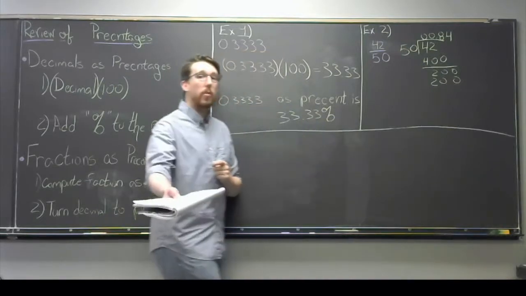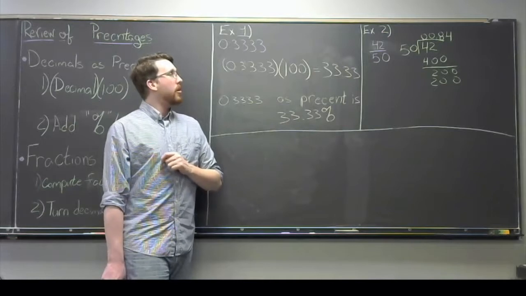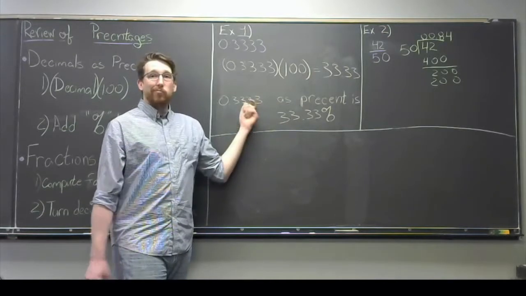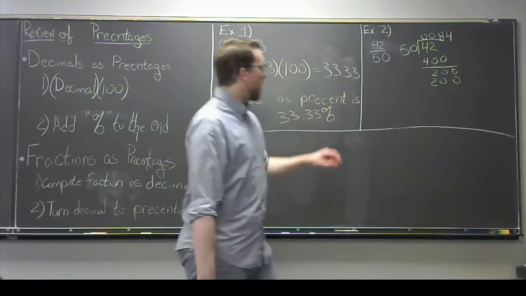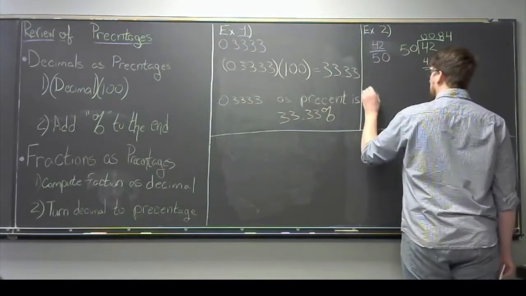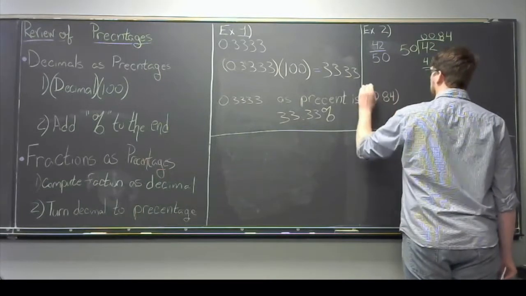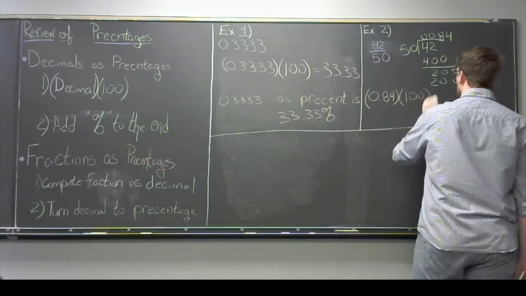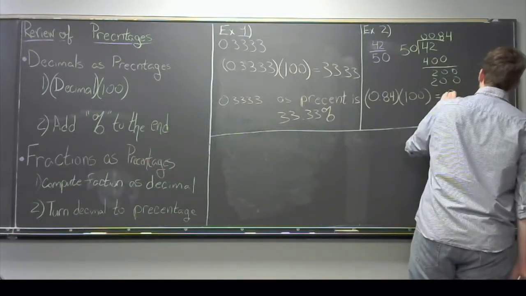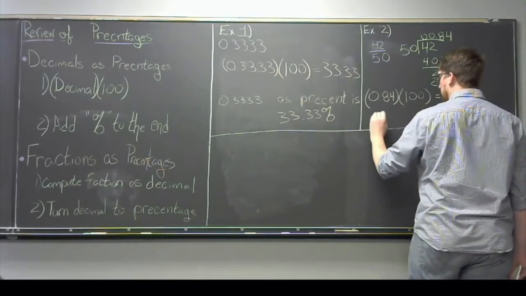All right, cool. We know what that decimal is now, 0.84. So we just apply this again. From here, 0.84 times 100 is equal to 84 as a percent.